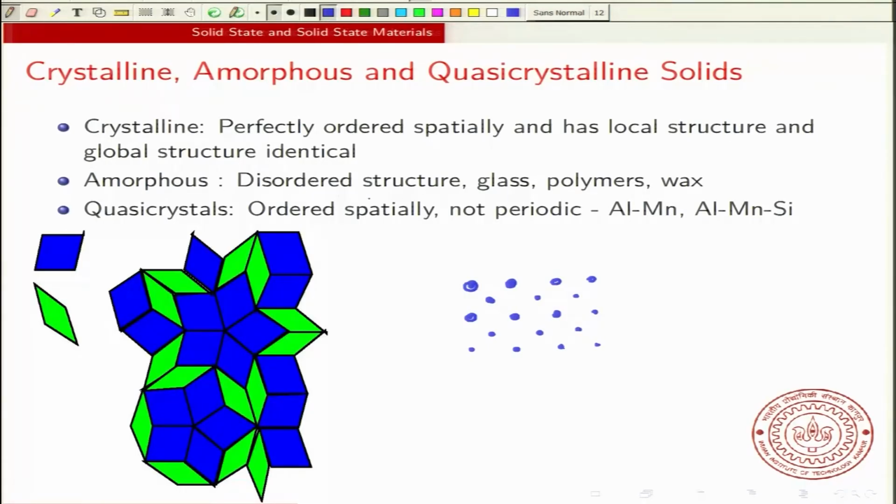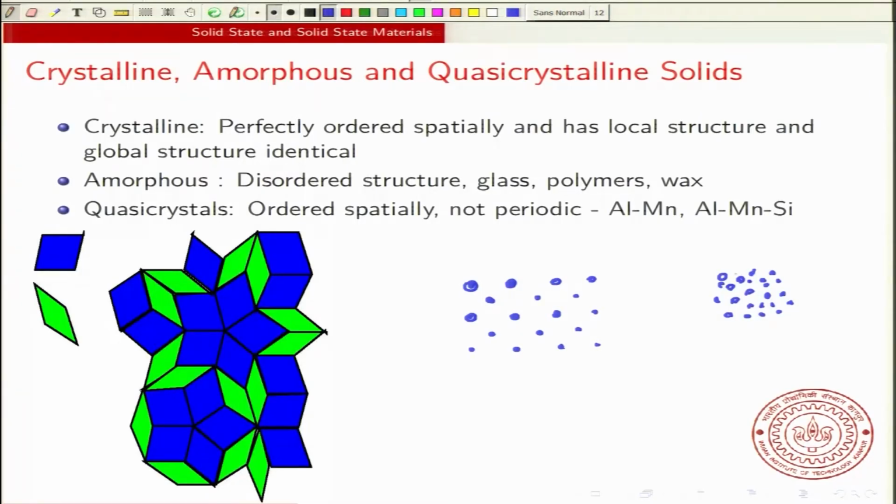In an amorphous solid, the constituents of the solid are disordered. They form a disordered structure. So, you do not have a perfect ordering. You have a solid-like arrangement, but you have things that are not perfectly ordered. That would be an amorphous solid.